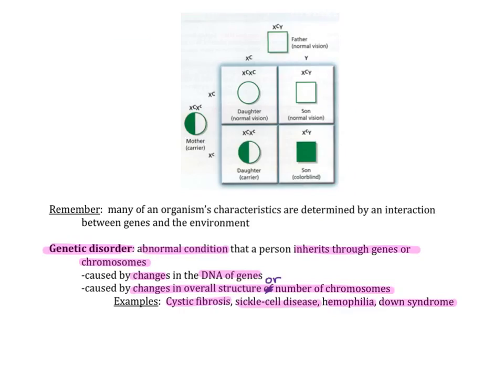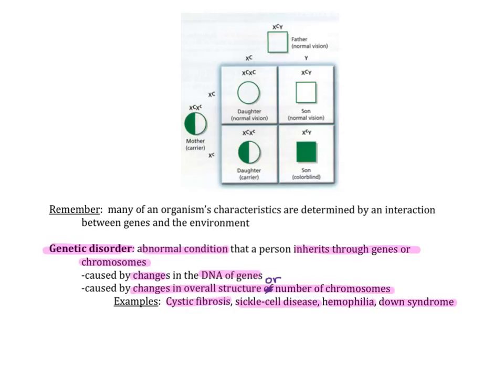It is important to note when we talk about genetics that many of an organism's characteristics ultimately are also determined by the interaction between the genetic information and the environment. A genetic disorder is something we will study in more depth, and it's an abnormal condition that a person inherits through genes or chromosomes.